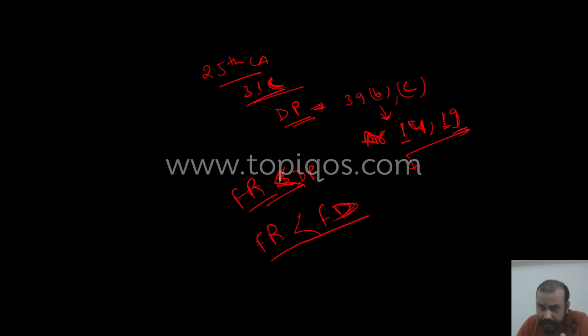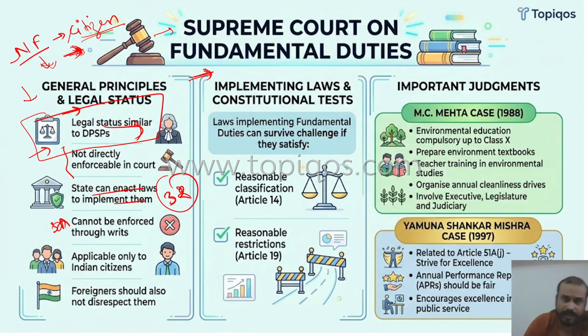Is there a case? Yes, in certain cases it can be there. What is the case here? The court has said laws implementing fundamental duties can survive challenge if they satisfy reasonable classification under Article 14. What does it say? That alike can be treated unlike.